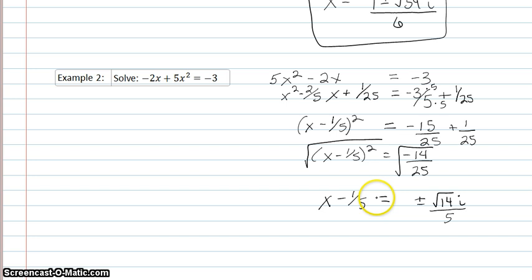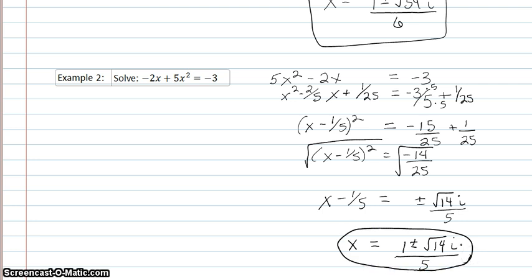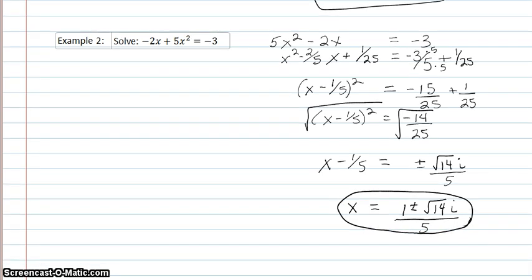Then I just need to add the 1/5 so that x will be by itself. So x equals 1 plus or minus the square root of 14i all over 5. And then that is our answer for that quadratic equation.